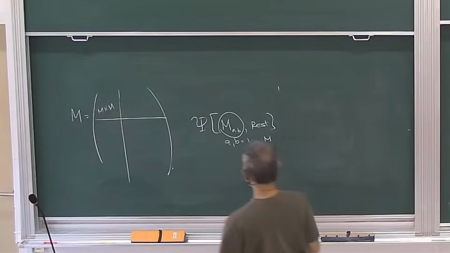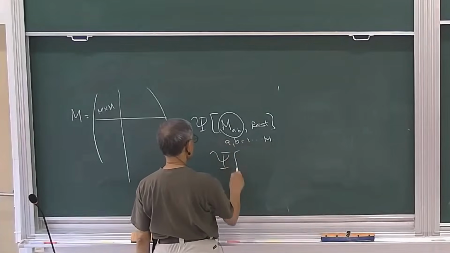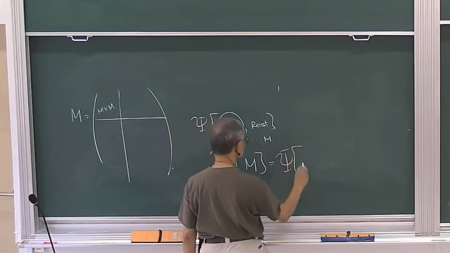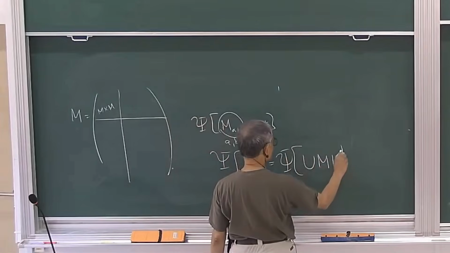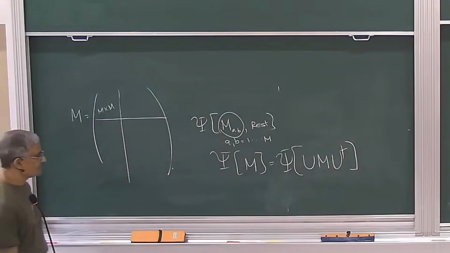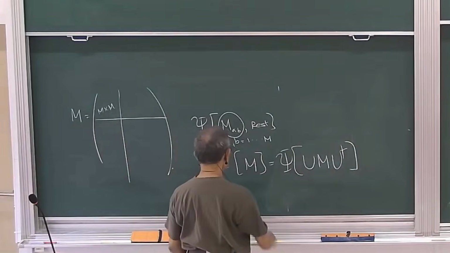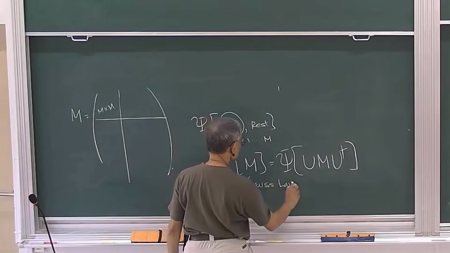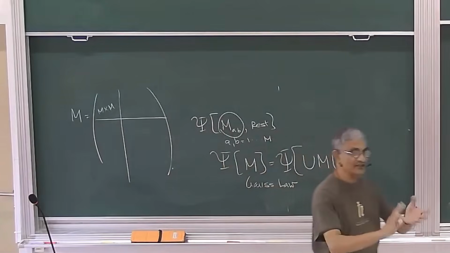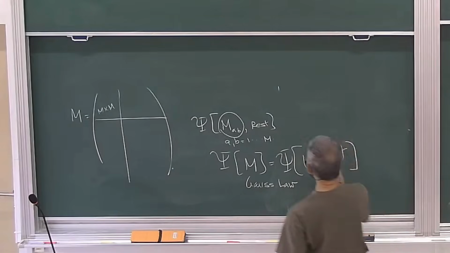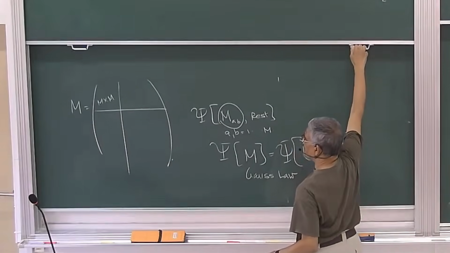Okay. So the gauge invariance means that I have to identify that this is a singlet, where U is an N by N matrix. And there is a Gauss law which imposes the local gauge invariance on the states. So let's start thinking about a single matrix.